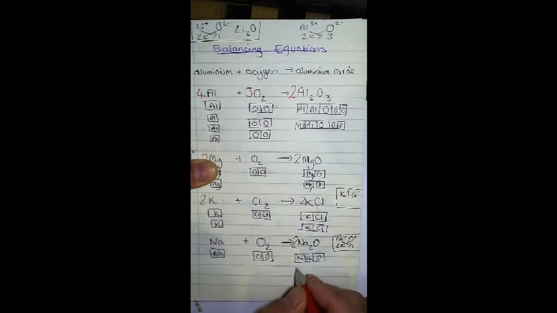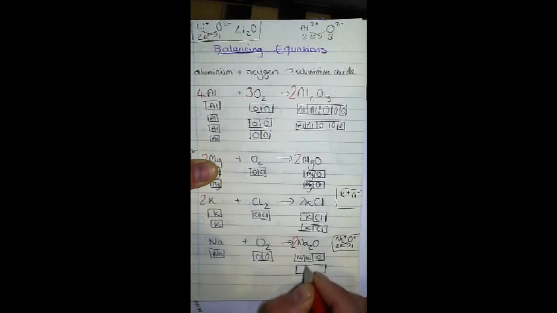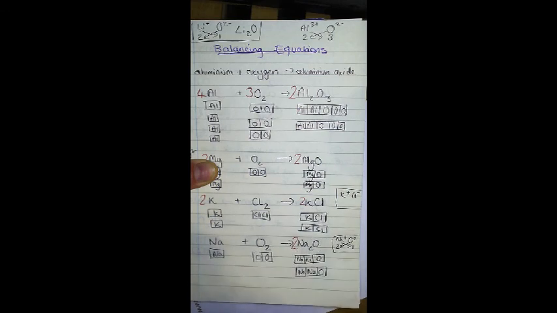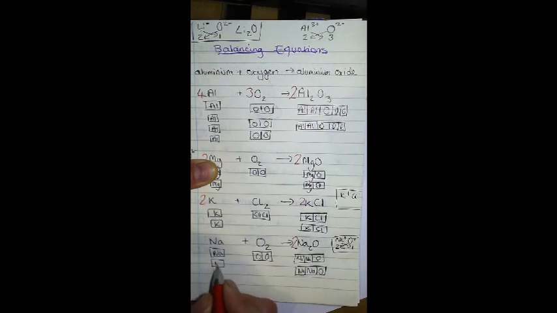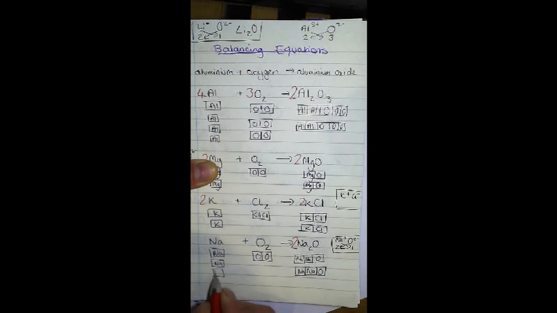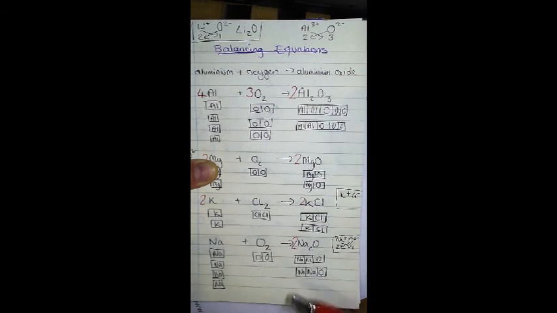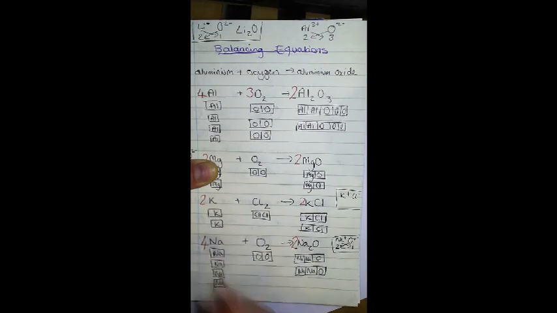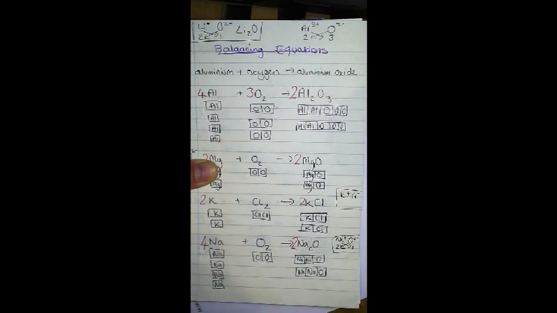I can have 2 of them in here. Na, Na, O. Right. Oxygens sorted. 4 sodiums here, 1 here. Clearly I need another 3, which gives me a total of 4 sodiums.